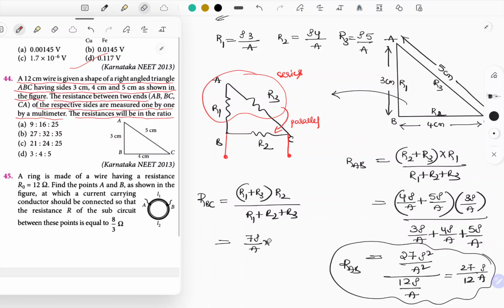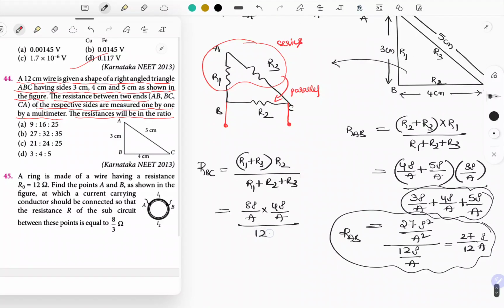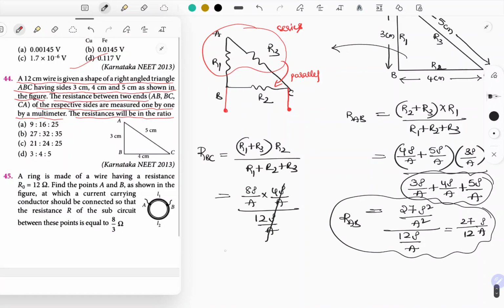This one. R1 is 3 rho by A, R3 is 5 rho by A. It's going to be 8 rho by A, and R2 is 4 rho by A, divided by, if we add all these things, we are going to get 12 rho by A, right? 1 rho by A will get cancelled. Answer is going to be 32 rho by 12A.